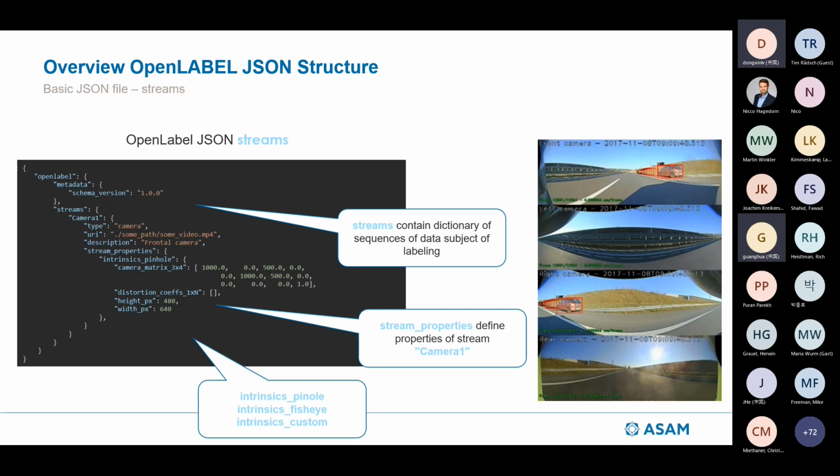So far in the documentation, in this version, we have added a number of popular models for cameras, such as pinhole or fisheye, and more will be added in subsequent releases.